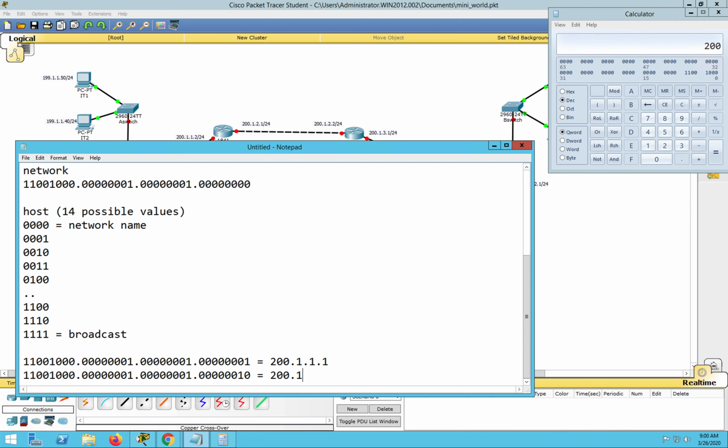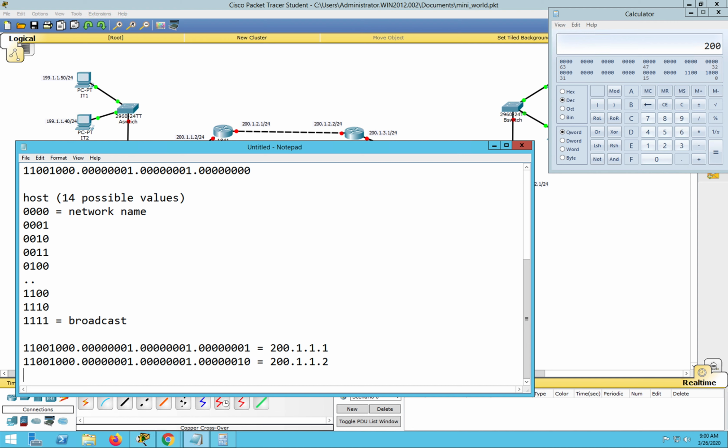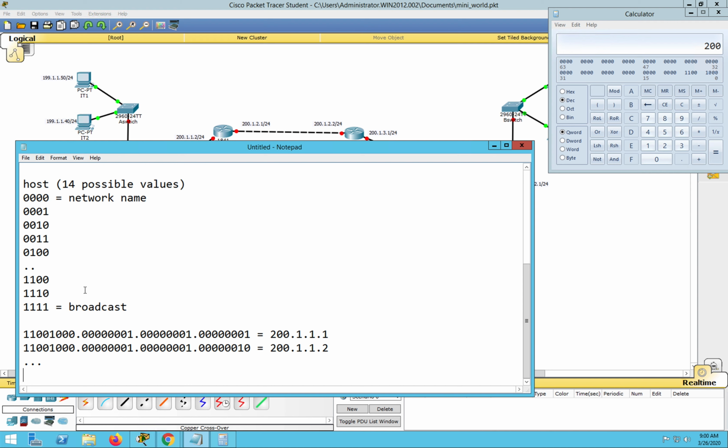That's the number 0.2, etc., etc. This number right here is going to be my next value, or rather, the final one. The biggest number looks like 1110. What does this network look like? This is 1.1. Well, that's the number 14.